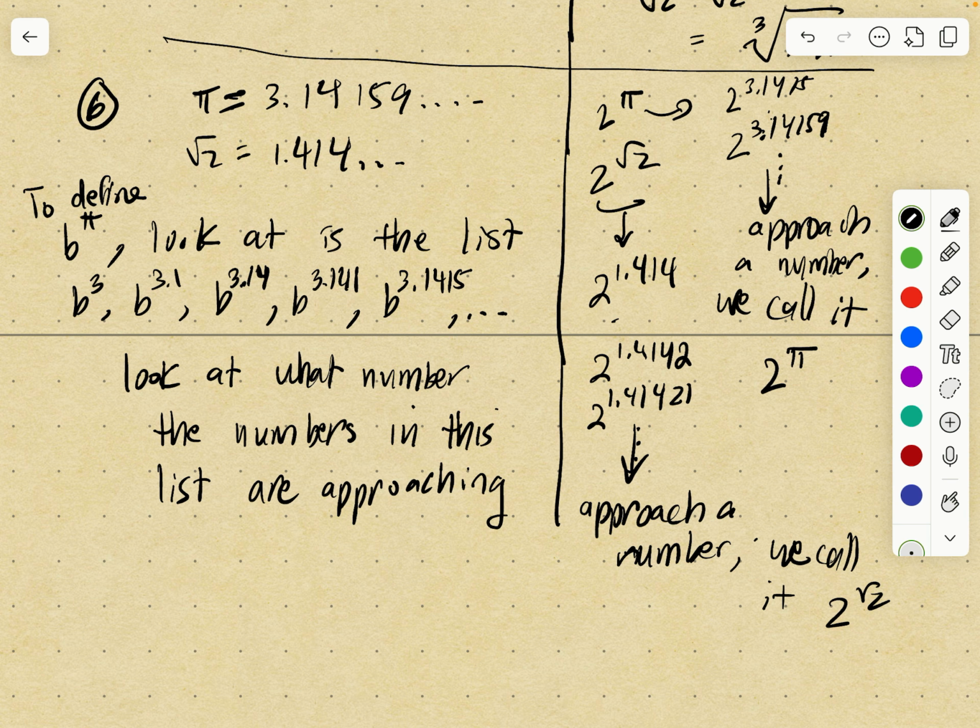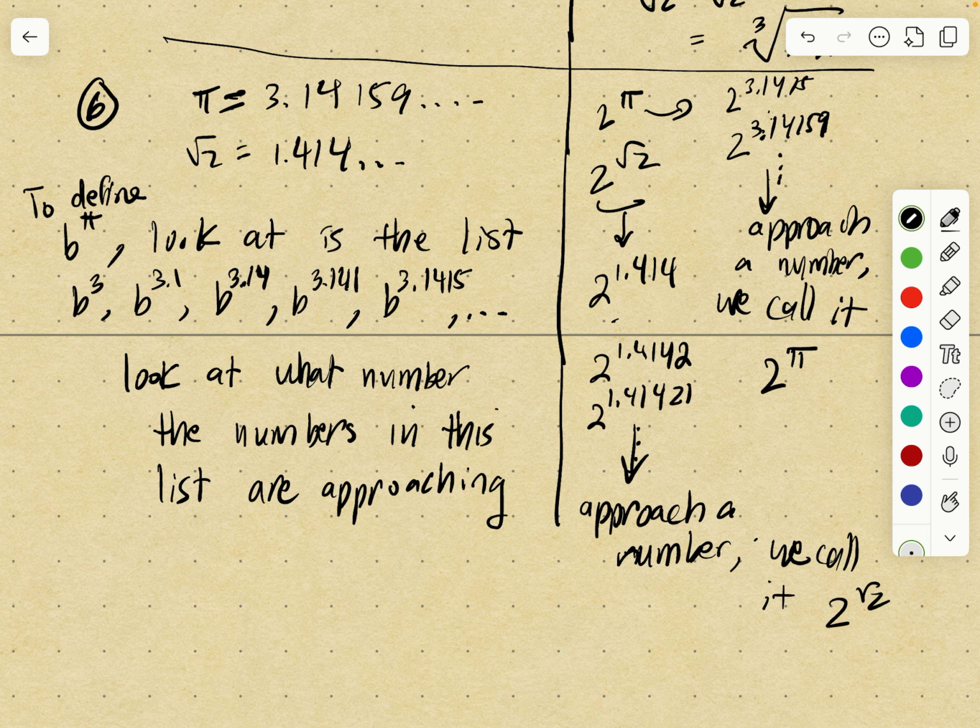So pi is what you get when you start off with 3, then 3.1, then 3.14, and you keep going and you get closer and closer to pi. And when you do 2 to the 3, 2 to the 3.1, 2 to the 3.14, etc., those numbers are approaching a certain number, and that number is what you call 2 to the pi.